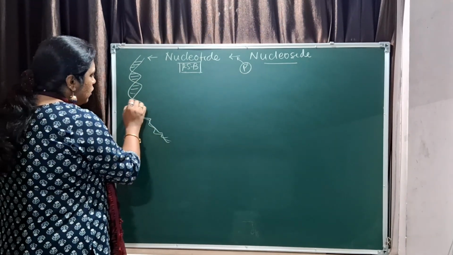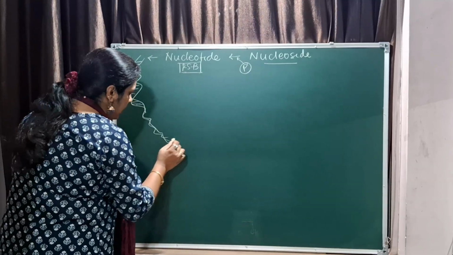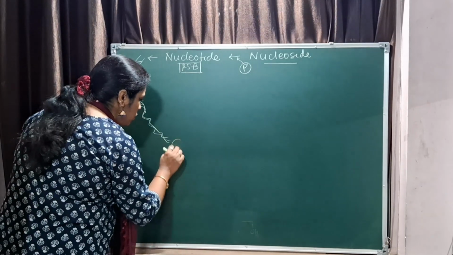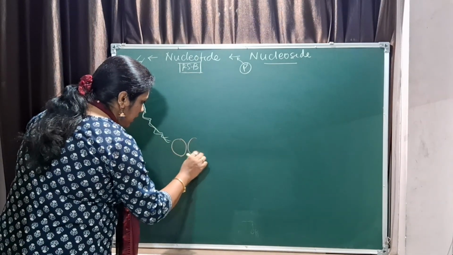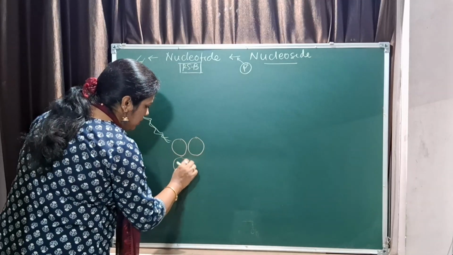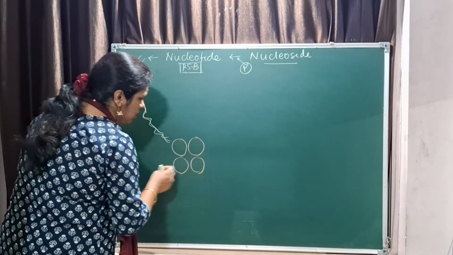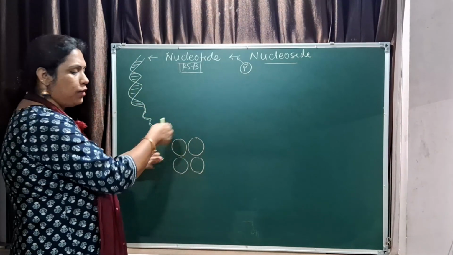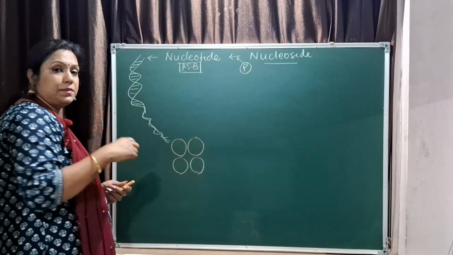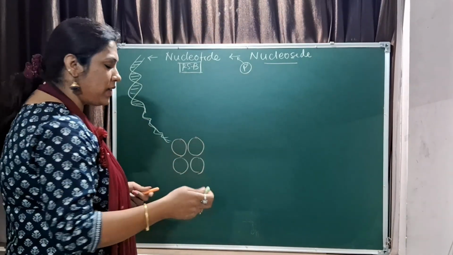Then the DNA molecule becomes thread-like, and there are something called histone proteins. The names are given as H1, H2, H3, till H8. There are 8 histone proteins, 4 in front, 4 behind, forming a cube-like structure.